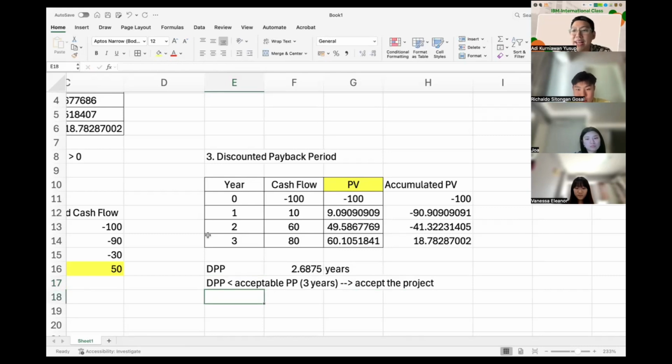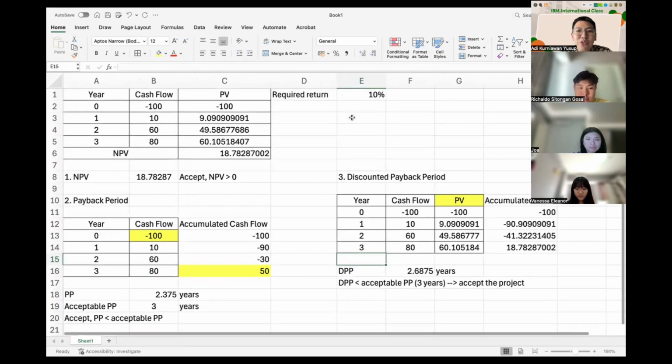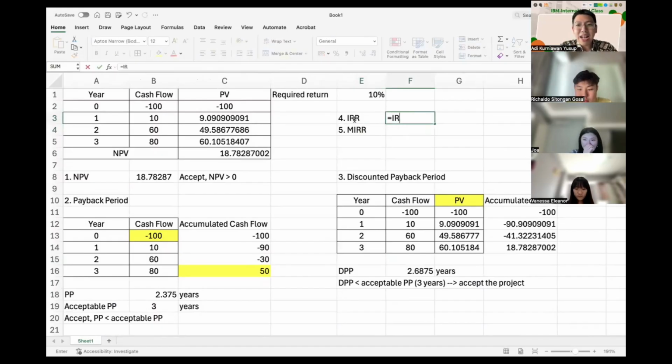Up to this point, clear? Okay, if it is clear, I will go directly to IRR and MIRR. For IRR and MIRR, we simply use the formula. It is IRR, open bracket, the values, so this one, the cash flow, just block it.